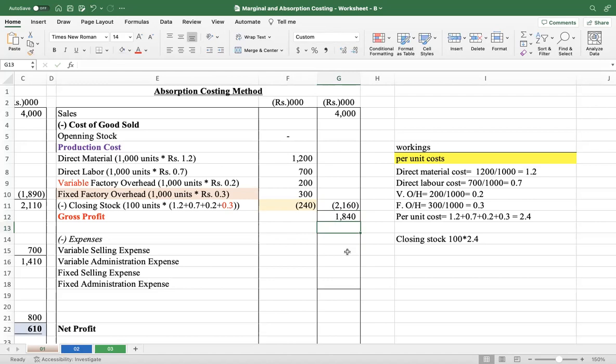Okay, before moving on with the question, I have a small question for you all. Which net profit will be higher? Will there be a difference at all? And which number will get the higher value, whether in the income statement that we prepare using the marginal costing method or in the income statement that we prepare using the absorption costing method.